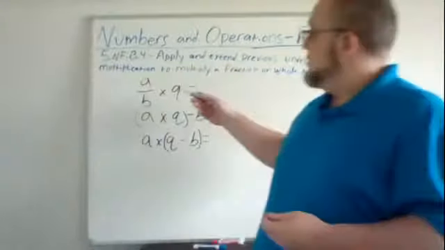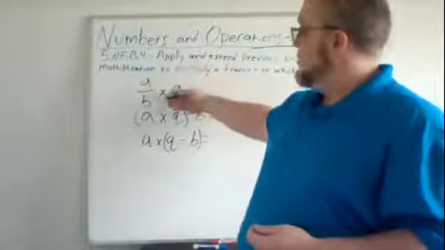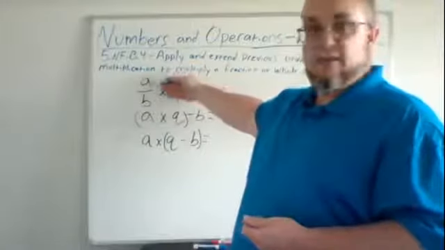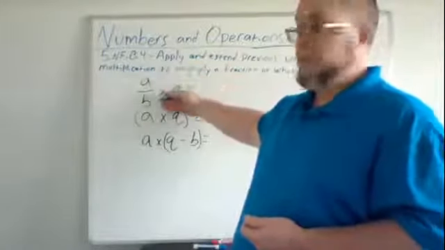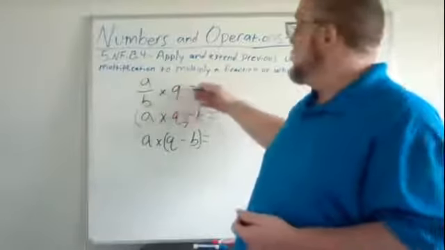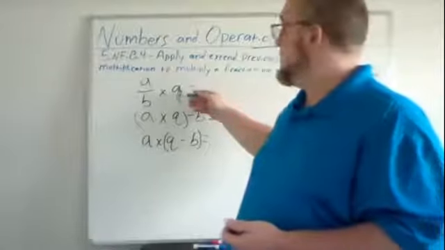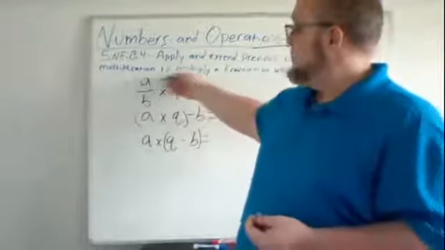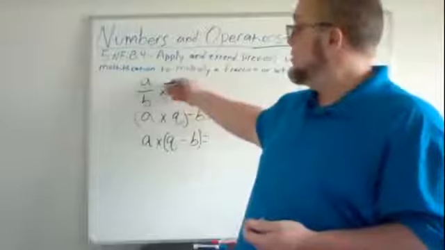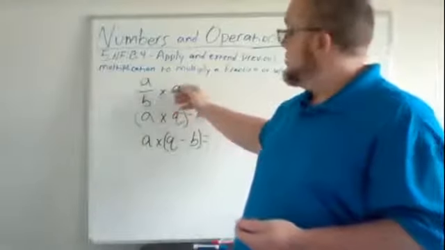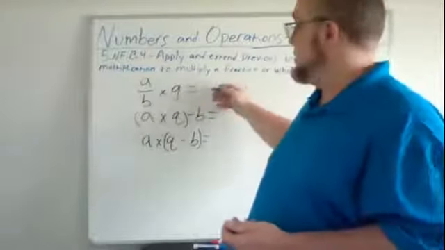In this equation, I have my fraction, which I'm using A for my numerator, B for my denominator, and I'm using Q in place of my whole number. Okay? So my equation is my fraction A over B times Q to get my answer.